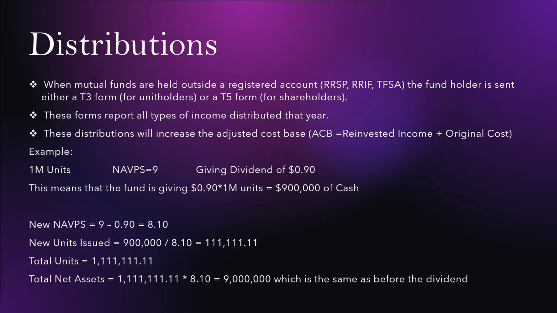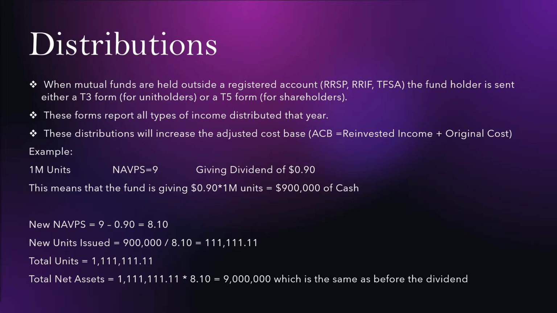And because of this, you will be issuing new units. So you aren't actually getting that $900,000 in cash as an investor. You're actually given units. So the new units issued will be 111,000 or so. This will bump up the total units to 1.111 million, and the total net assets come out to equal the 9 million, which is the same as before the dividend.